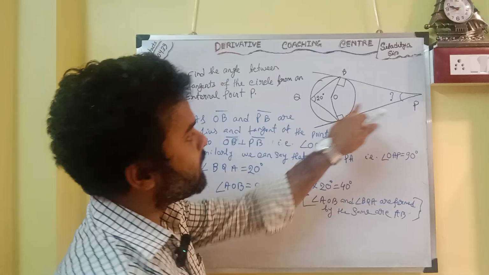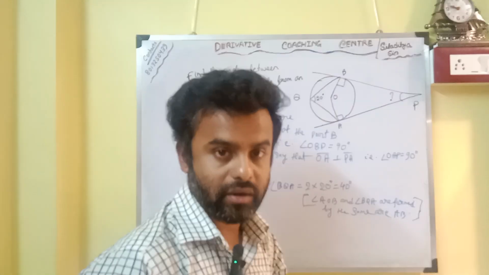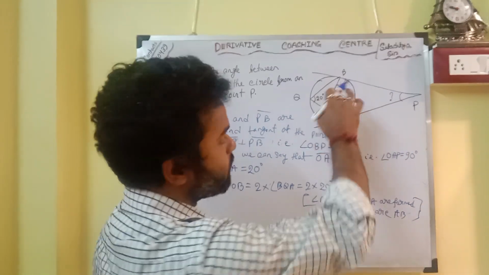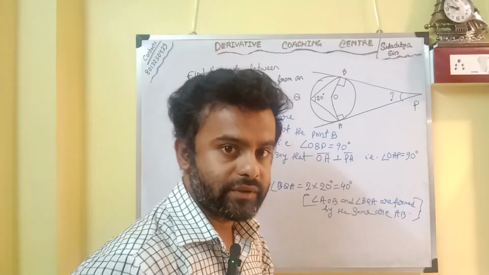Okay, so now look, APBO is a quadrilateral, because there are 4 sides, and we know the sum of the 4 angles of a quadrilateral is 360 degrees.